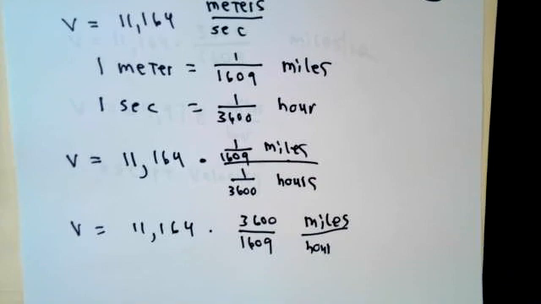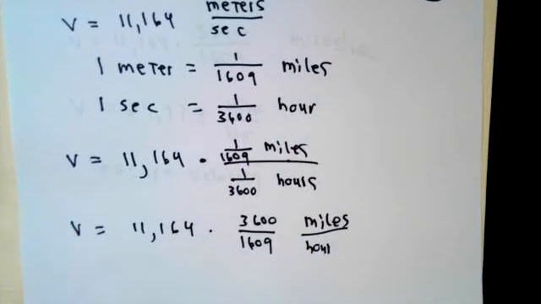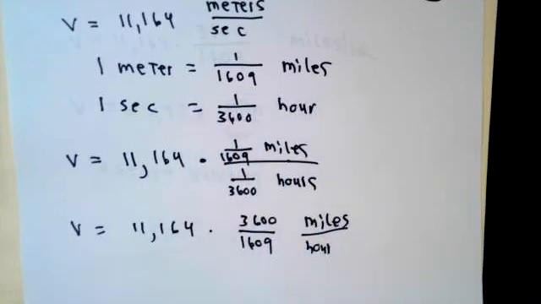There are 3,600 seconds in an hour, so 1 second is 1/3600 of an hour. Every place where I see the word meters, I'm going to write this in instead. Every place where I see the word second, I'm going to write this in instead. Simplify the fractions. We're about to get this critical velocity in miles per hour.